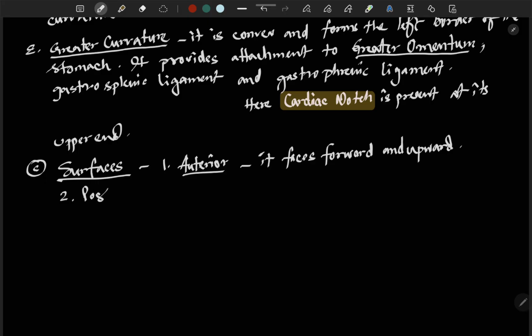Posterior surface. It faces backward and downwards, just opposite to the anterior surface.